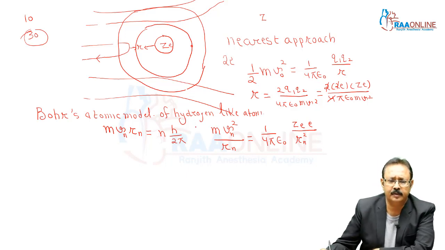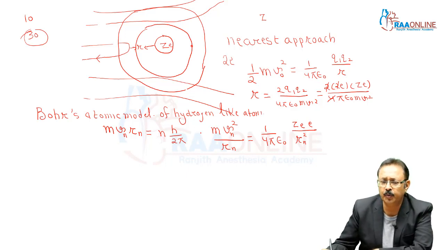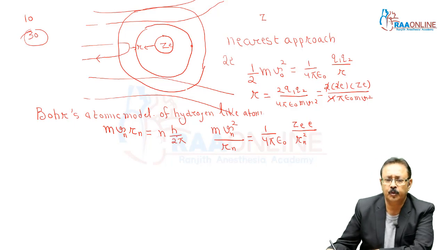There are two unknowns, Rn and Vn, and two equations. So we are able to calculate what we want to calculate. Cancel one Rn with one Rn, put the value of Vn, and you will get the value of Rn.